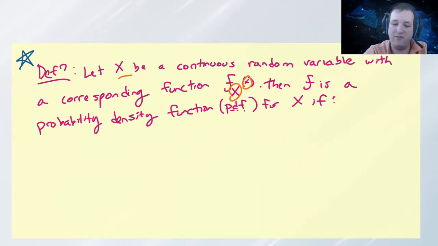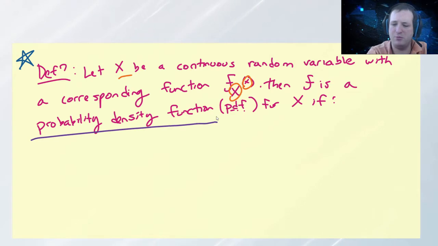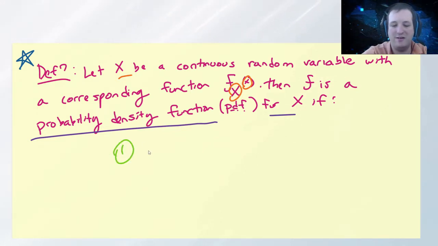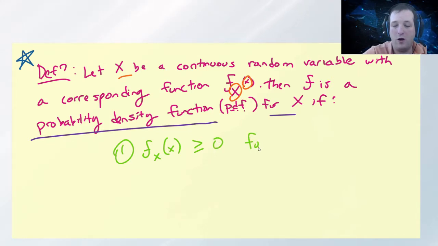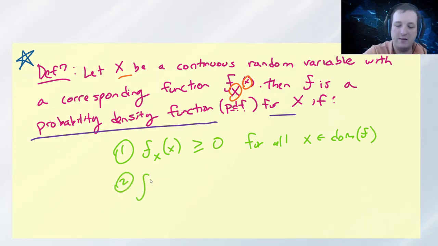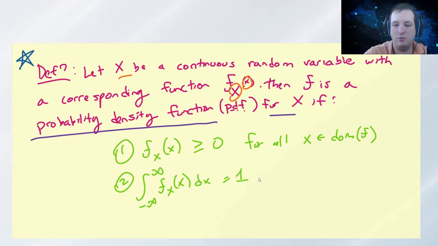So we say that f is a probability density function, and some people just use PDF for short, like how we did PMF for probability mass functions, for this random variable x if two properties hold. The very first property is that this function f of x must always be non-negative for all values x in the domain of the function f, and the integral from minus infinity to infinity of this function with respect to x must be equal to 1.